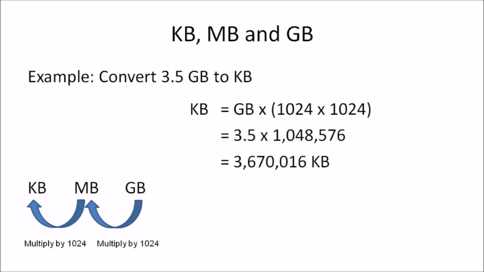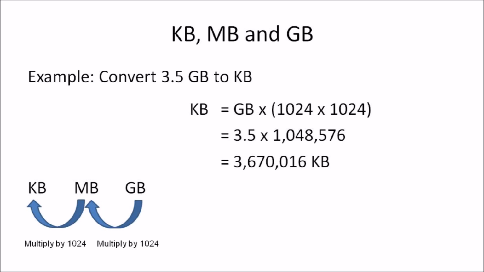In this example, convert 3.5 gigabytes to kilobytes. Now we are converting gigabytes to megabytes and then to kilobytes. The formula becomes kilobytes is equal to gigabytes multiplied by (1024 multiplied by 1024). I've put the 1024s in brackets so we can calculate that first and then multiply it with the gigabyte amount. And why are we using two 1024s?